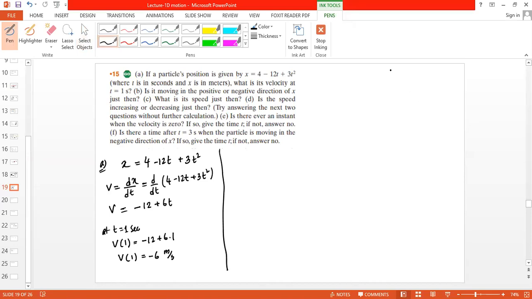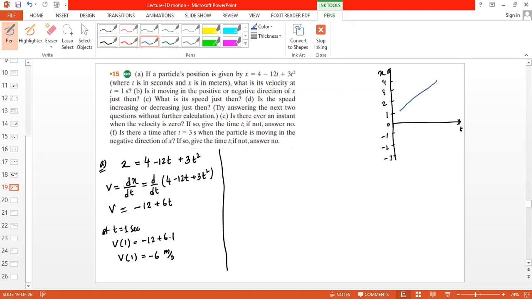Okay, let me set an example. Let's say this is my time and this is my position. The value of x is increasing here, 1, 2 in positive direction, 3, 4. And the value of x is negative in this way, that is minus 1, minus 2, minus 3. Let's say an object is going this way.